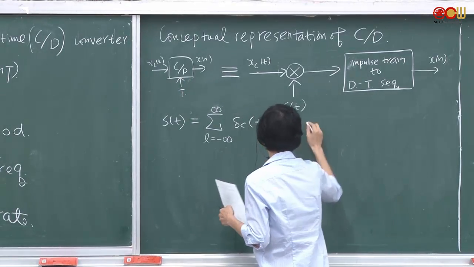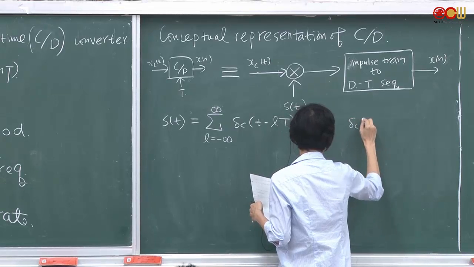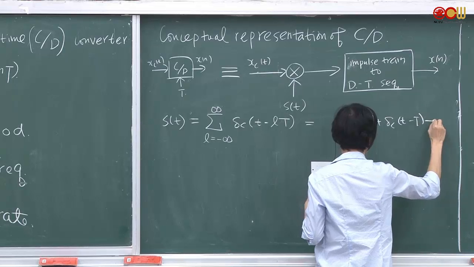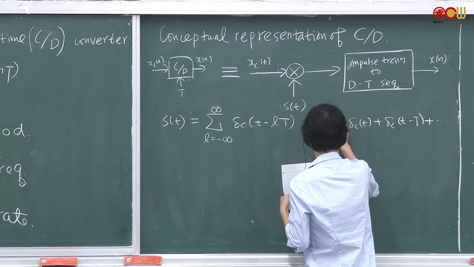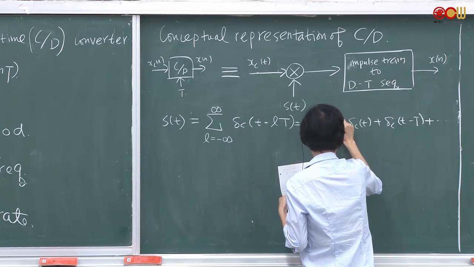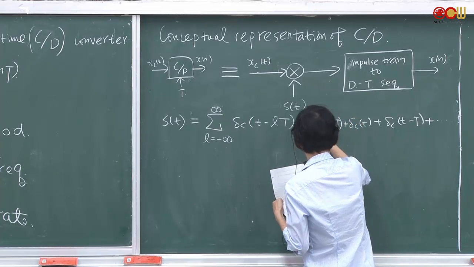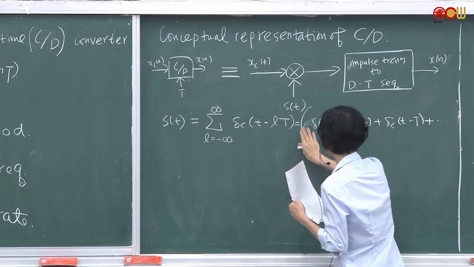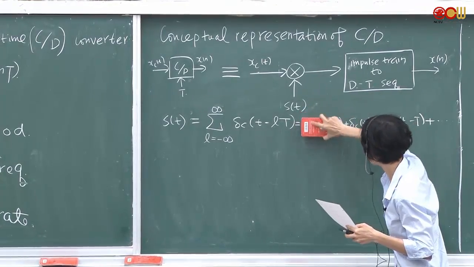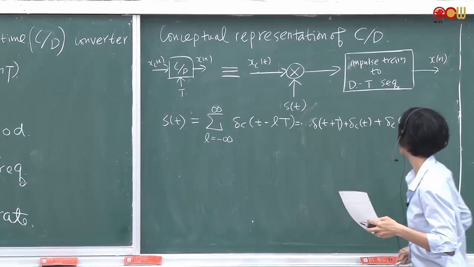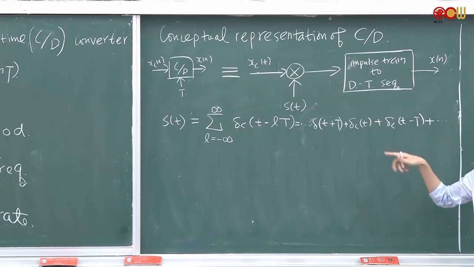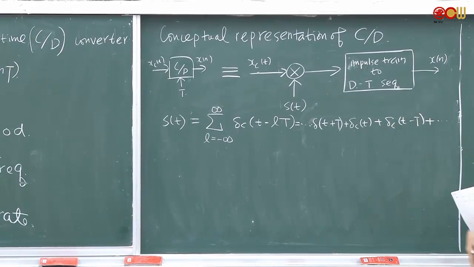If we write it down, it's like an impulse at t, plus impulse at t minus T, all the way like so, and on the other side as well, delta t plus T. I just wrote down three terms, but they are infinitely many terms.